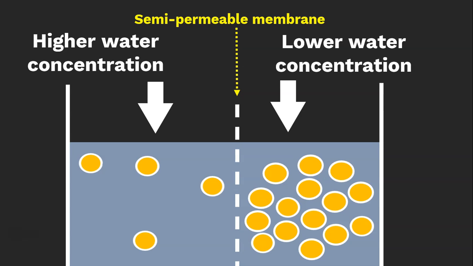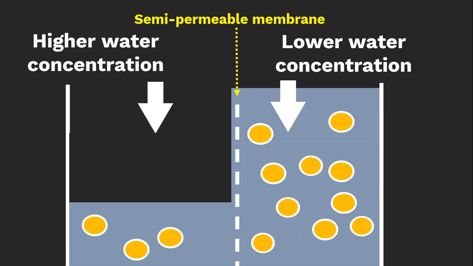So in this experiment, according to the laws of osmosis, water moves from a higher water concentration, or a region with more water, to a lower water concentration, or a region with less water. So by doing so, our solution will look like this. As you can see here, the water levels from the higher water concentration have moved to the lower water concentration, because that's how water moves, from a higher concentration to a lower concentration. And it all happens through a selectively permeable membrane.